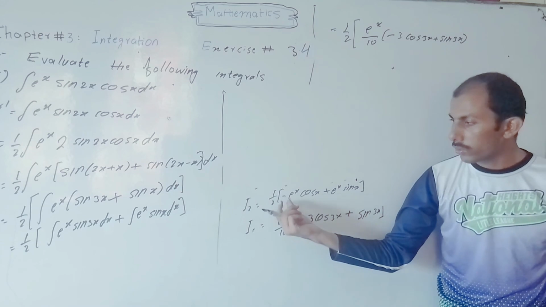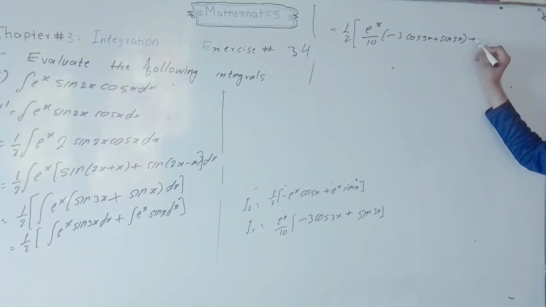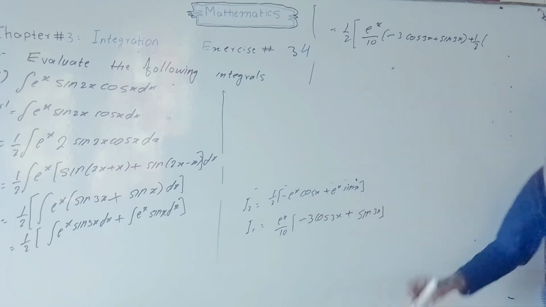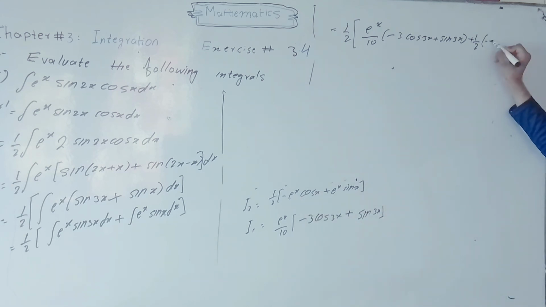So the value of I2 is equal to 1 divided by 2 into minus e power x cos x plus e power x sin x, plus c.